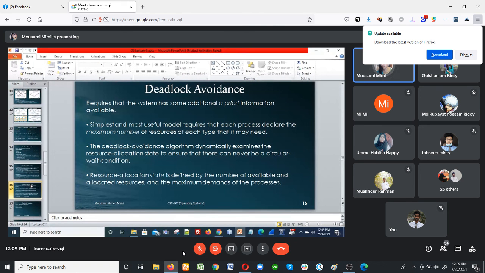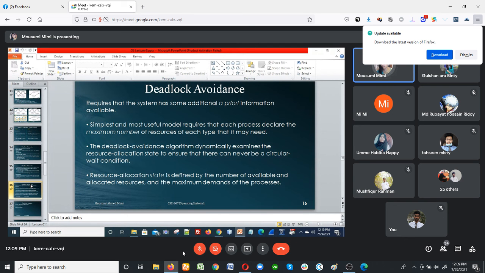Each of the processes needs the same resource. So at that point of time, the algorithm dynamically checks which process has the higher priority. So it allows that higher priority process to run with the resource. So at that point of time, no circular wait will happen.